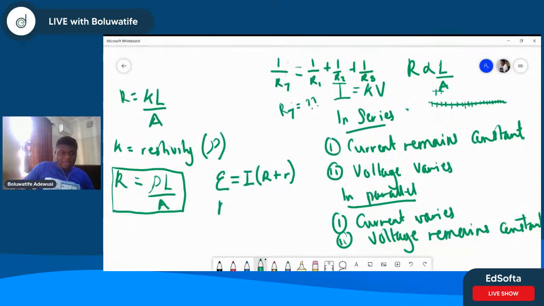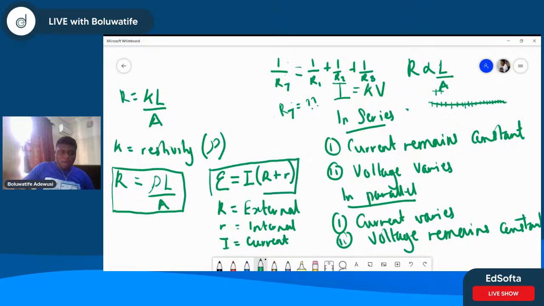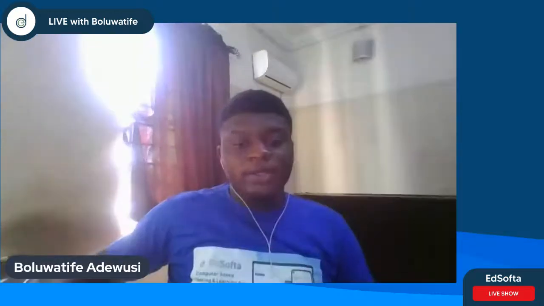So big R here is the external resistance, while small r is the internal resistance. Then obviously I here is the current. So this is another formula to keep in mind. It will be very useful when you are solving questions in current electricity.